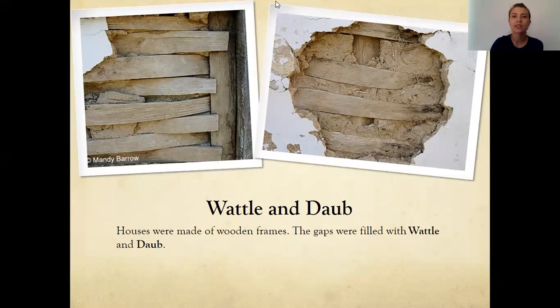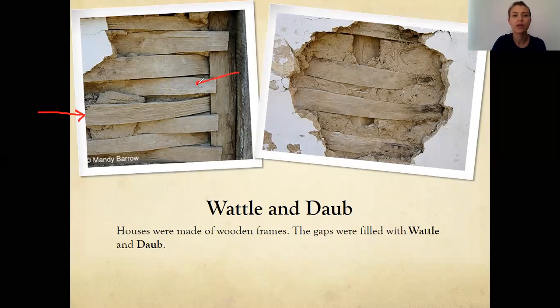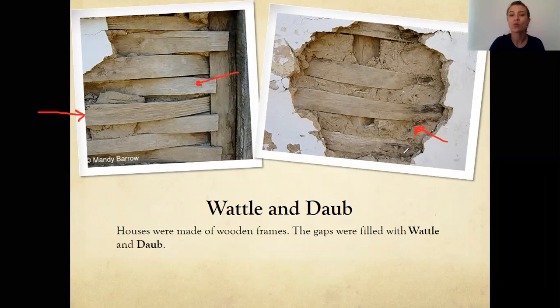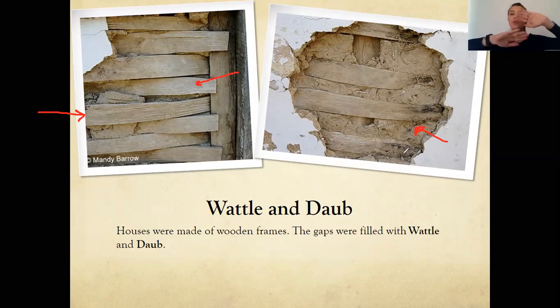Wood and daub, that's the first feature of the Tudor houses. Houses were made of wooden frames. As you can see here, these are the wooden frames, and the Tudor buildings used wood and daub in between two wooden frames.